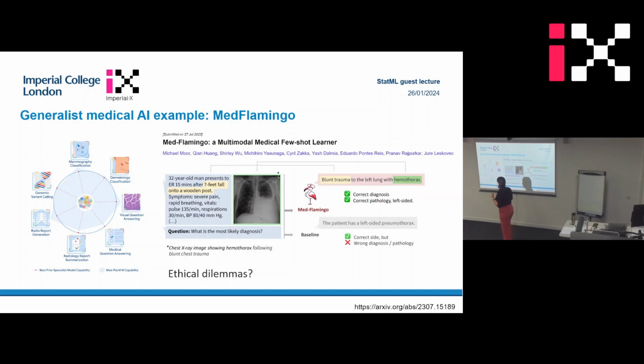As you can see, it does all kinds of things like generating reports, answering questions about a picture, classifying different pictures, and answering medical questions. This is an example where you give it text of what has happened to the patient, and you have a CT of the chest. MedFlamingo says there is a blunt trauma to the left lung with a hemothorax, because it's taking into consideration both what happened to the patient and what it looks like on the image.